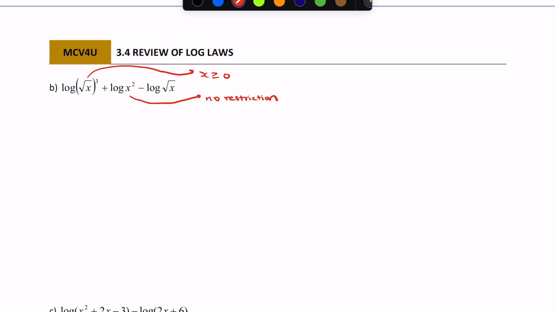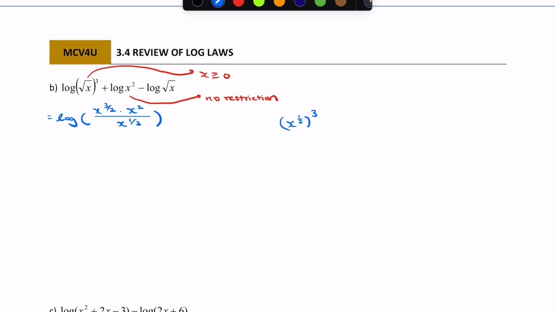If we rewrite this, we can write it as log x to the power of 3 over 2 times x to the power of 2 over x to the power of 1 over 2. We wrote that as x to the power of 3 over 2 because it's x to the power of 1 over 2, to the power of 3.